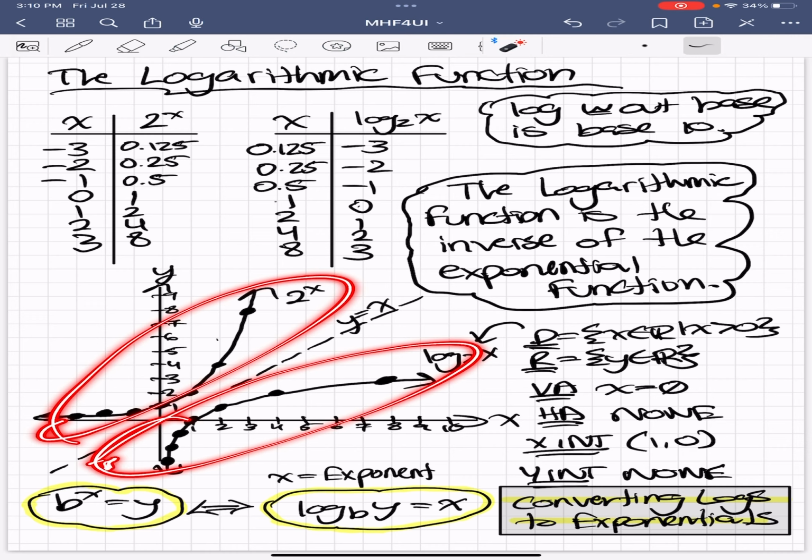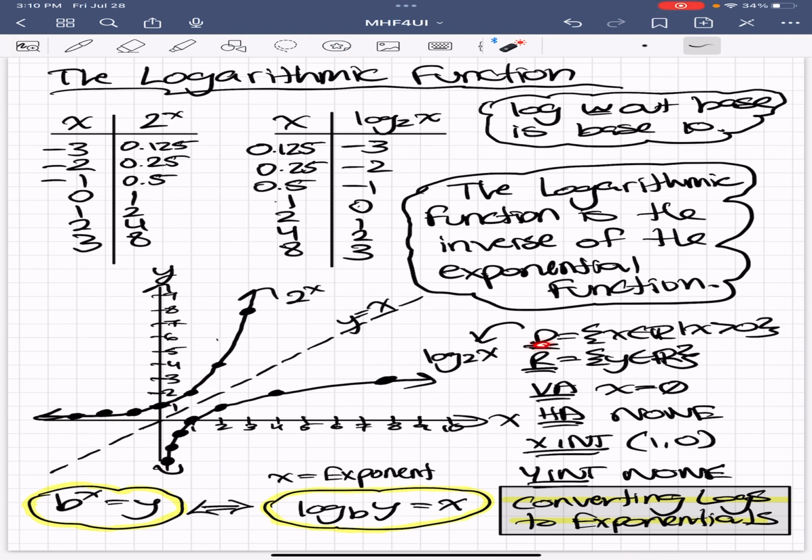I have them graphed out right there. I have domain, range, vertical asymptote, horizontal asymptote, x-intercept, and y-intercept. So that's some information about the logarithmic graph, if you wanted to know more about it.